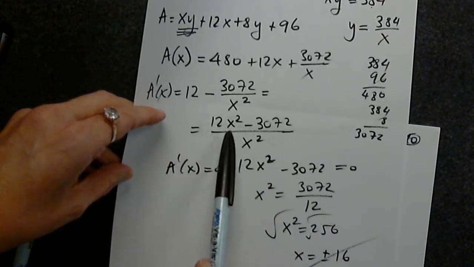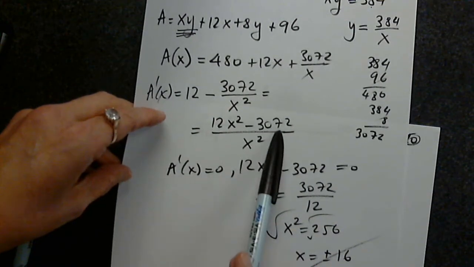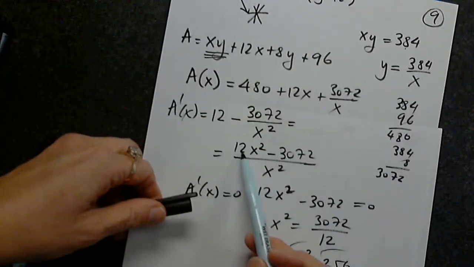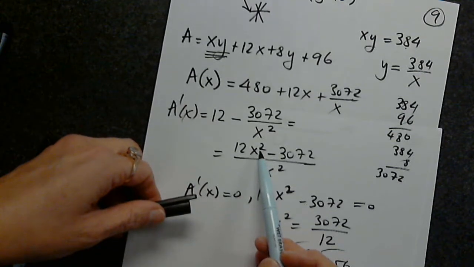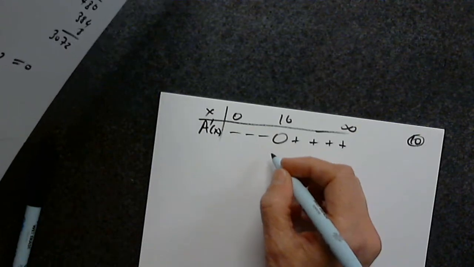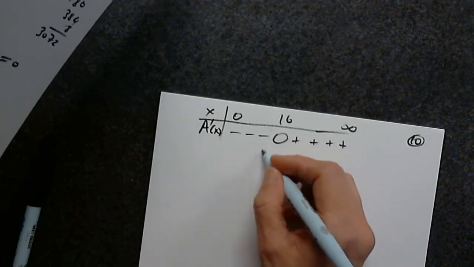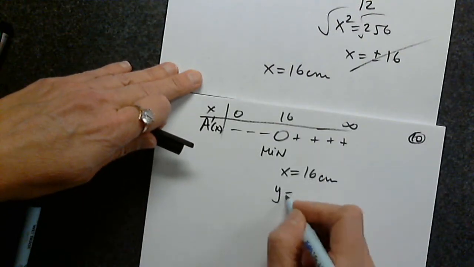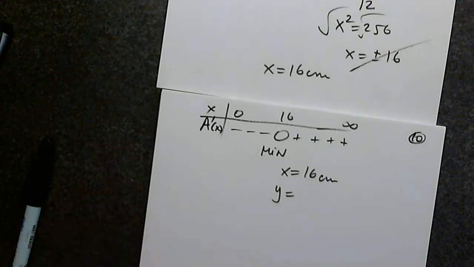It's 12 minus this, negative indeed. Now let's plug in 100. 12 times 100 squared, which is 10,000. Is this typical for and guaranteed for a minimum? Yes, it is. So then we know that x equals 16 centimeters.